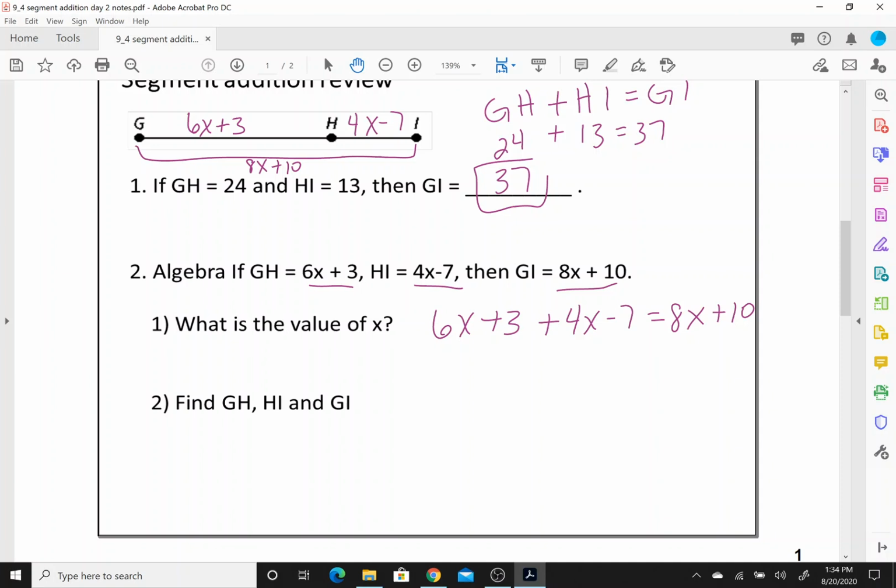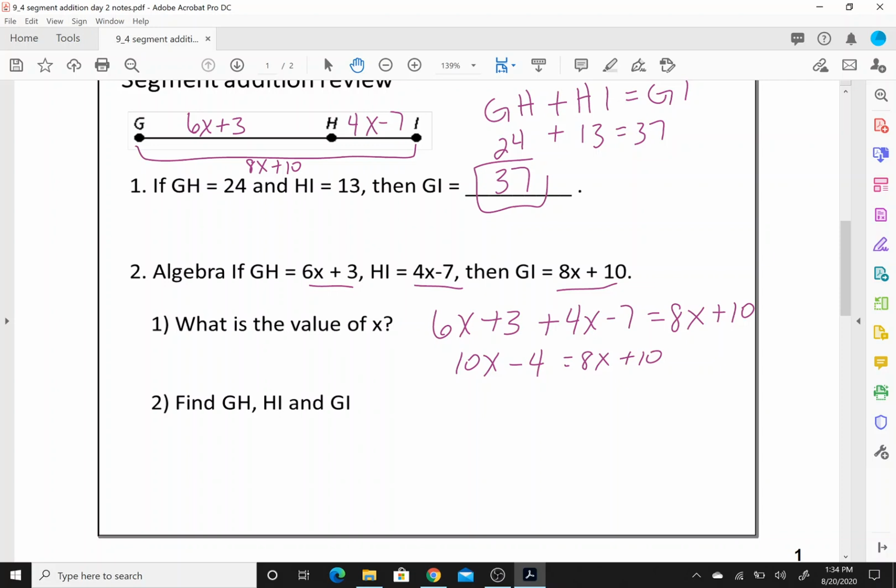Okay, now it's just solving an equation. So combine like terms, get all your variables on one side, constants on the other. 6x and 4x, that is 10x. 3 minus 7 is going to be negative 4. We have 8x plus 10. All right, now I'm going to move the 8x over to the left-hand side and this minus 4 over to the right-hand side.